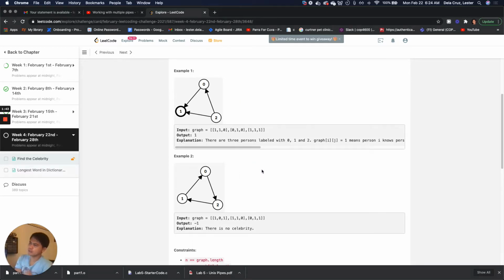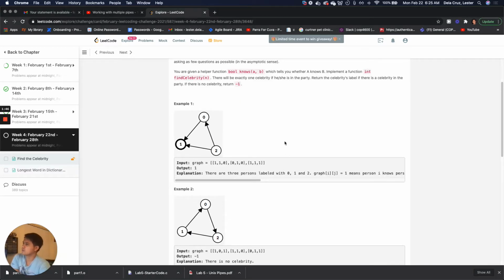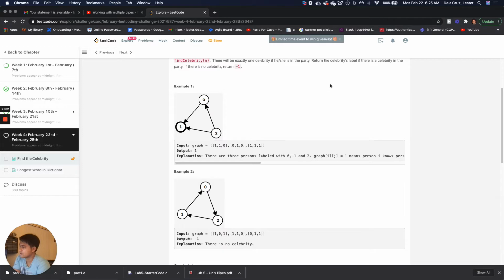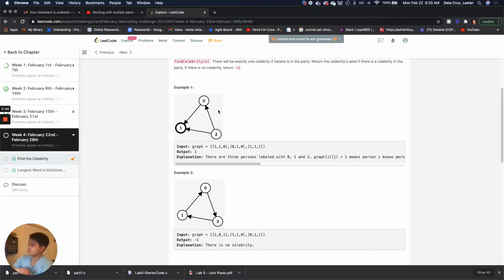Normally what happens is you break it down per node, and then there is some logic in the node that allows you to cancel out one node or the other. In this case there is, because if we take a look at an example here and ask, does 0 know 1? The answer could be yes or no.